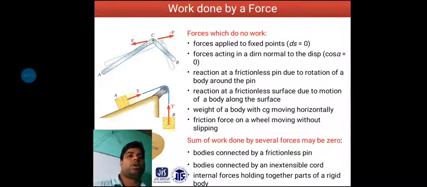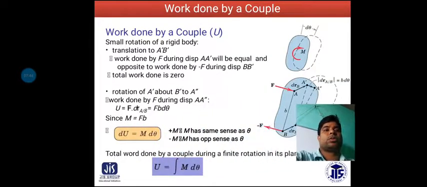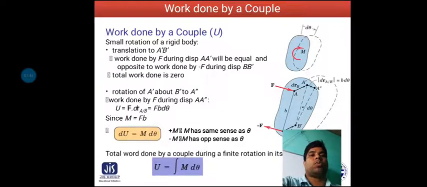That means the body is connected in such a way that a frictionless pin can be used, or the body is connected by an inextensible cord, and third, the internal forces holding together the parts of a rigid body. Now, work done by a couple.